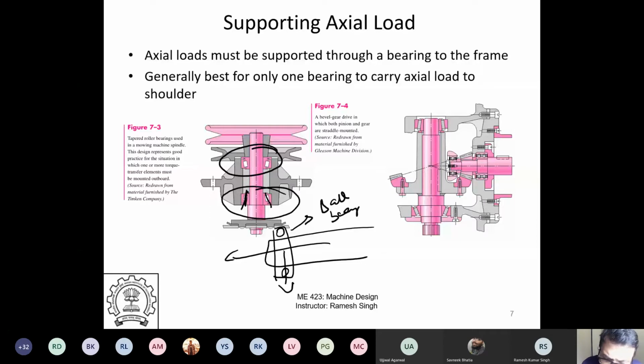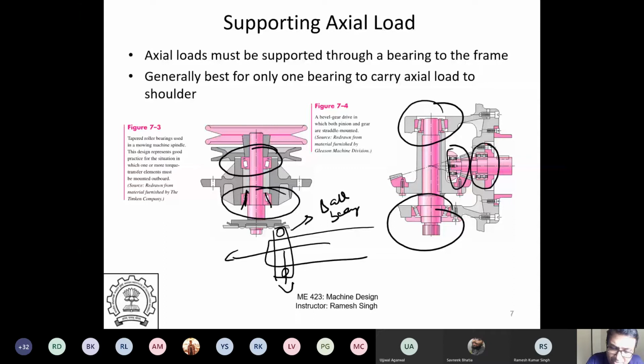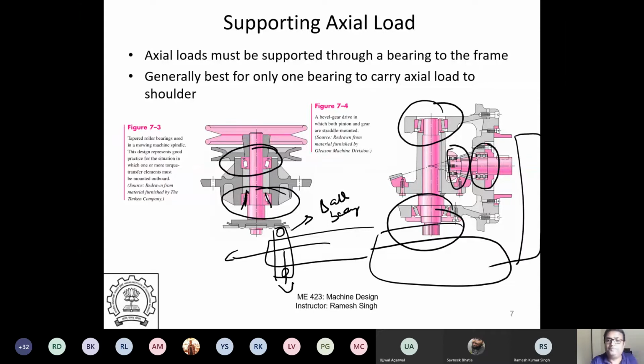So here you see there is a bearing here, there is a bearing here. So there is a bevel gear. There is a bearing here, there is a bearing here. So one shaft will be mounted here and the other at 90 degrees. So it will be mounted like this. Okay. So this is for a bevel gear shaft. So you see how complex arrangements are there for bearings. Okay, I'll do that.